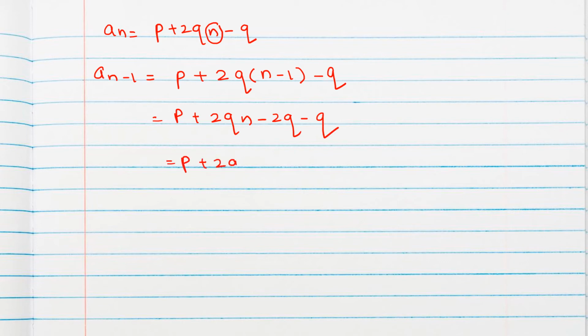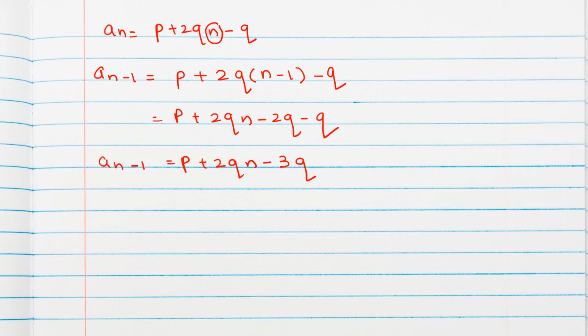Wherever n is there we'll substitute n minus 1. So P will be the same, plus 2Q will remain the same. Instead of n now we are finding the n minus 1 term. So P plus 2Qn minus 2Q minus Q. So P plus 2Qn minus 3Q we can write.